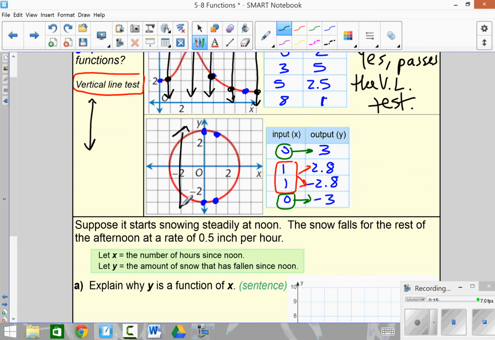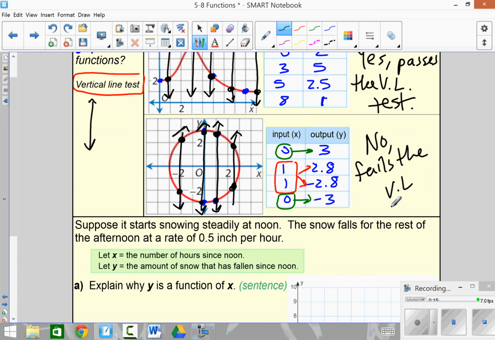If I draw a vertical line here, notice it passes through here and here. Fails the vertical line test. Draw a vertical line here, passes through here and here. Failed again. Draw it right here, passes through here and here, fails again. So this graph of a circle is not a function because it fails the vertical line test.